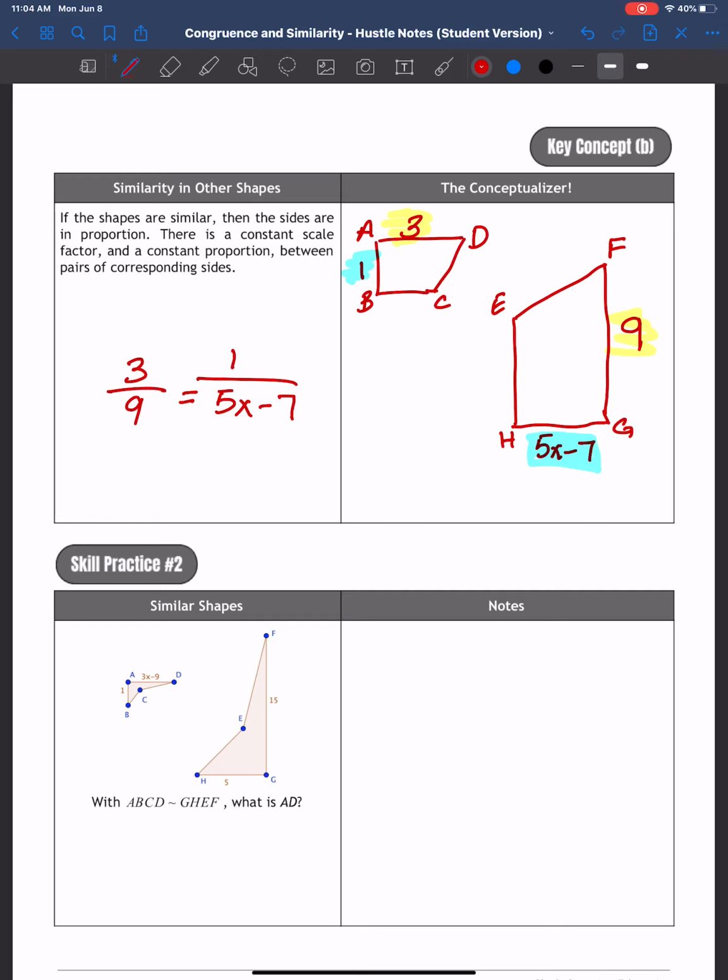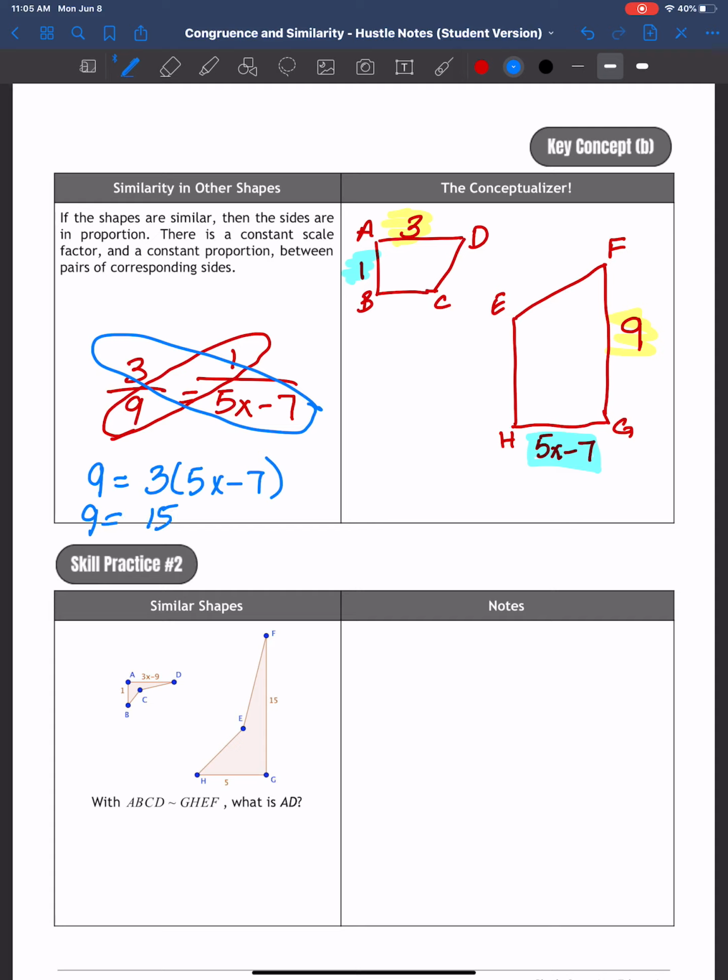You are going to cross multiply. So you get 9 equals 3 times 5x minus 7. Now you're just solving for x. So 9 equals 15x minus 21.